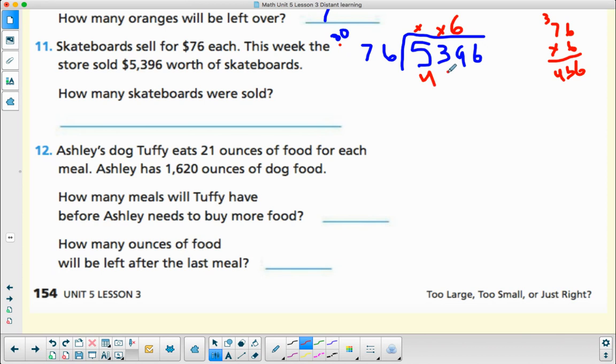I did not overestimate. Let's subtract and see if I underestimated. Oh, I did underestimate. So I'm going to erase that. I'm going to do the shortcut way of just taking one more and taking out 7 of them.